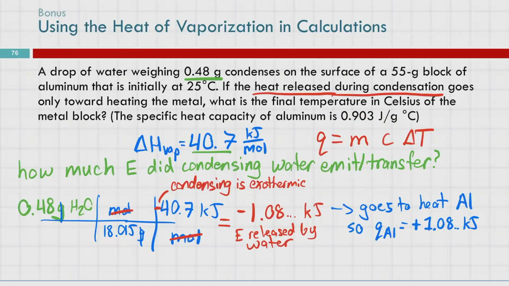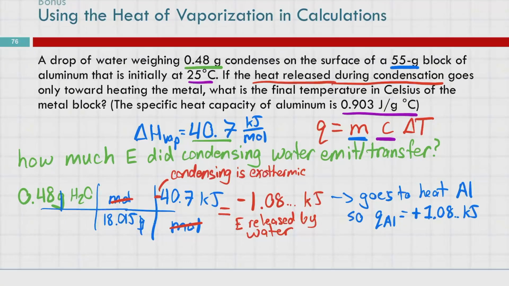We were given the mass, it's 55 grams, and we were given the C value in the parentheses at the end. We were also given an initial temperature of 25 degrees Celsius.